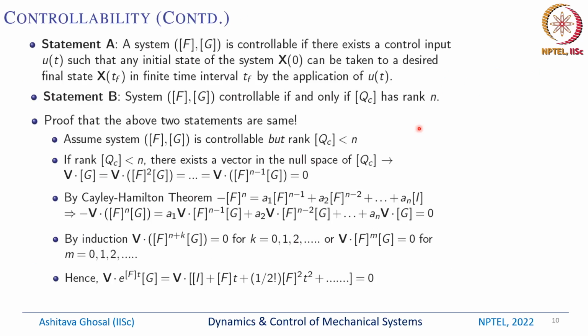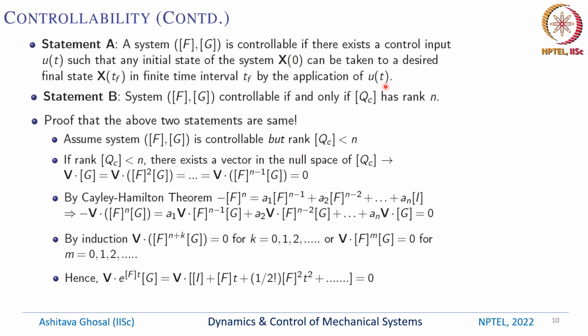So now we have two statements for controllability. Let's call the first one statement A, which is the very basic definition of when a system is state controllable. Statement A says the following: a system (F, G) is controllable if there exists a control input u of t such that any initial state of the system x0 can be taken to a desired final state x of tf in a finite time interval by the application of u of t.